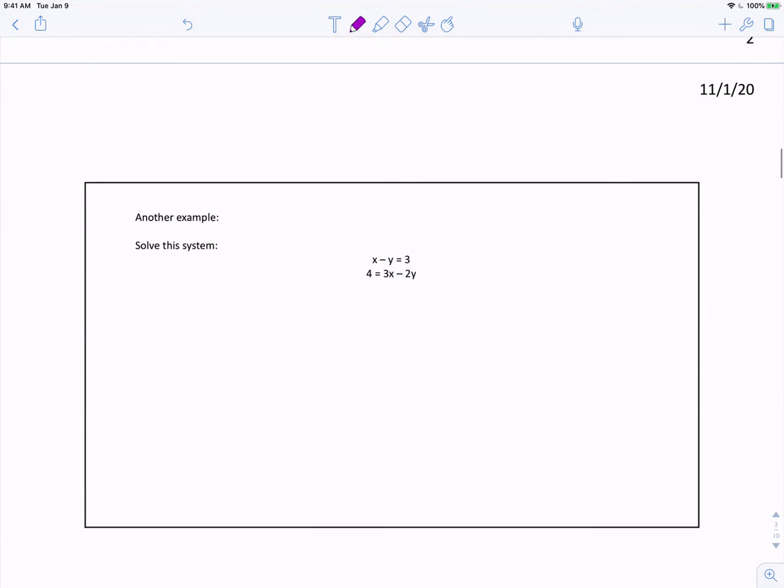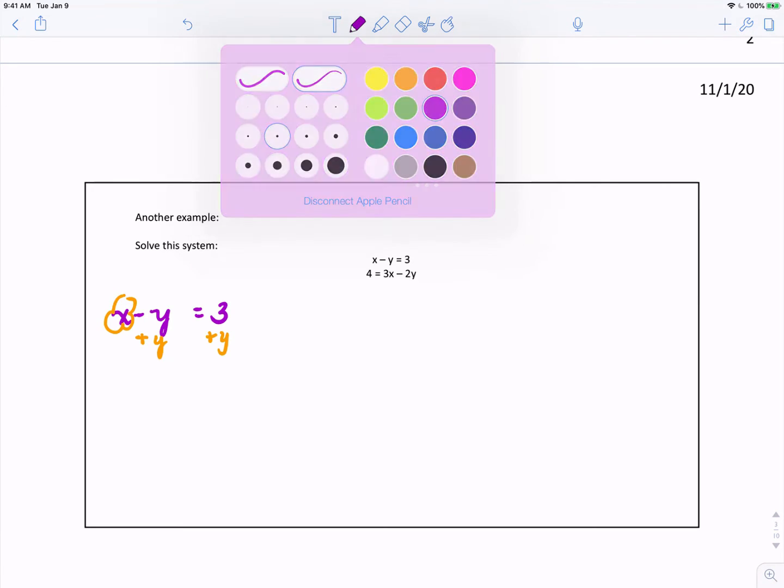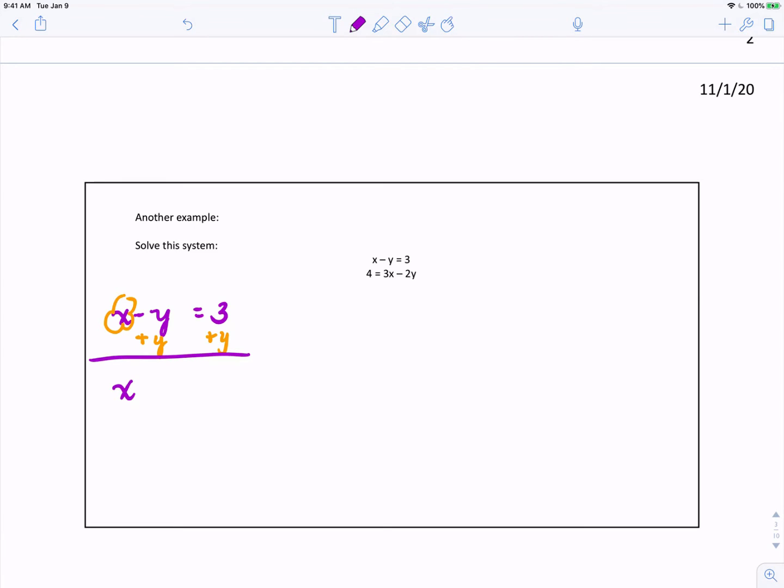Let's do another example. x minus y is equal to 3, and 4 is equal to 3x minus 2y. I'm going to take this first equation, x minus y is equal to 3, and solve it for x. To solve it for x, I'm going to add y to each side, and that will tell me that x is equal to y plus 3.